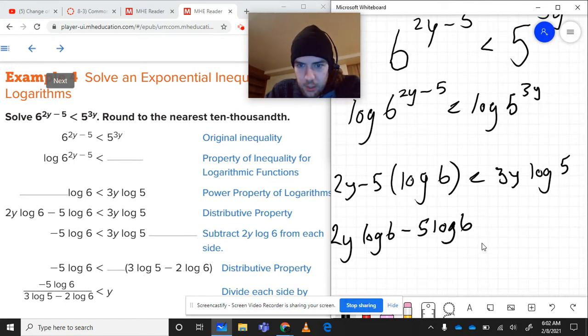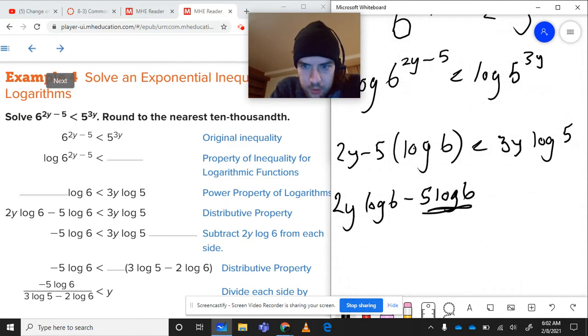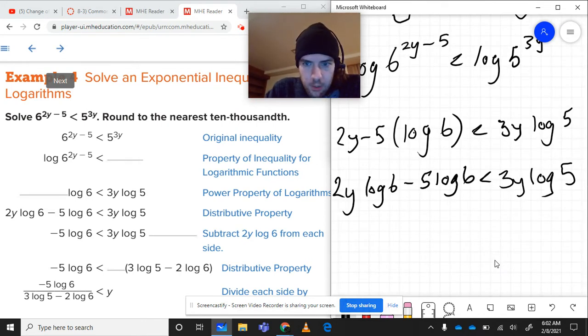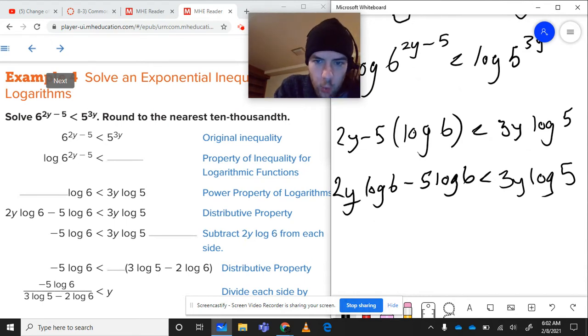At this stage, if you're keeping track of things, this part would be some constant value. This part still has a variable in it, so that's the variable that we're going to need to get by itself at some point. We'll keep 3y log 5 on the right side. We can subtract 2y log 6 from both sides to get all of the y's on the same side.